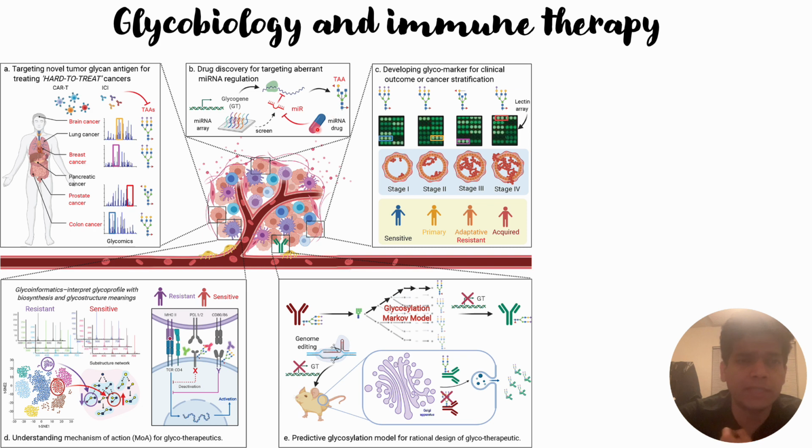After this second step, when we have identified which microRNA leads to the glycan epitopes that are found in the case of cancerous patients, then we can target those microRNA.